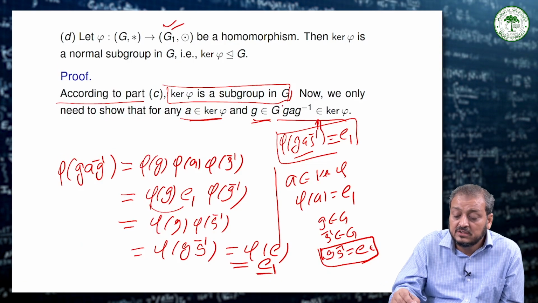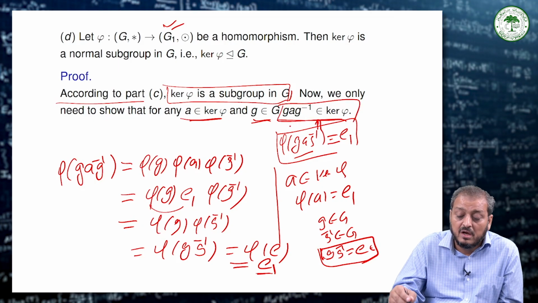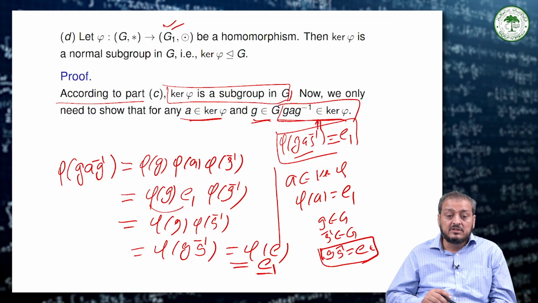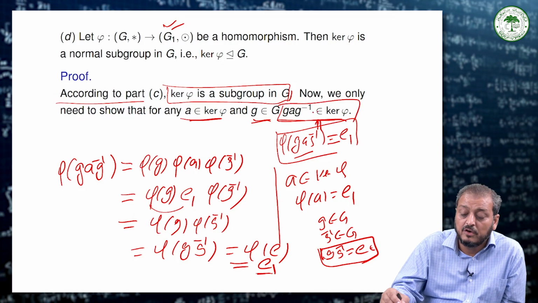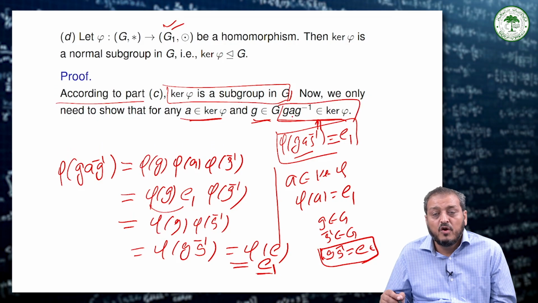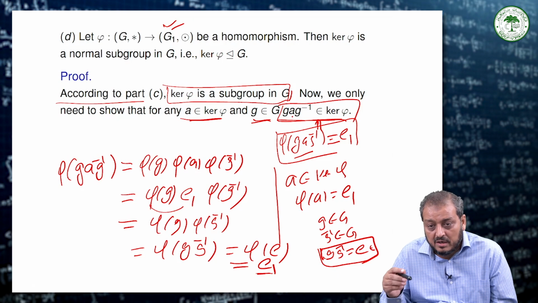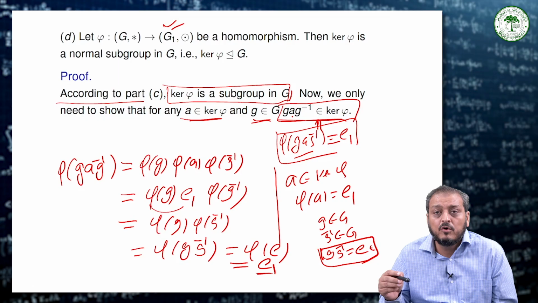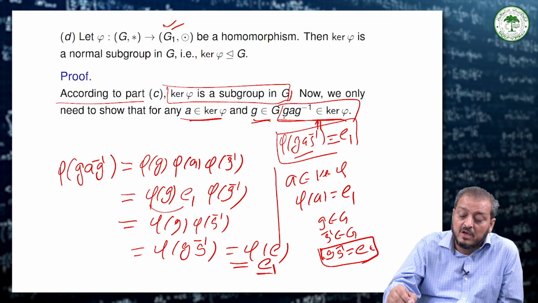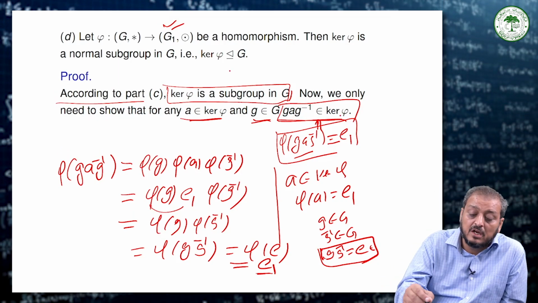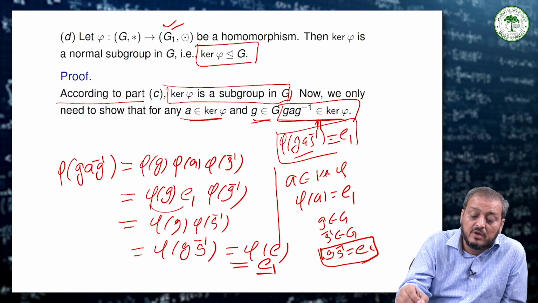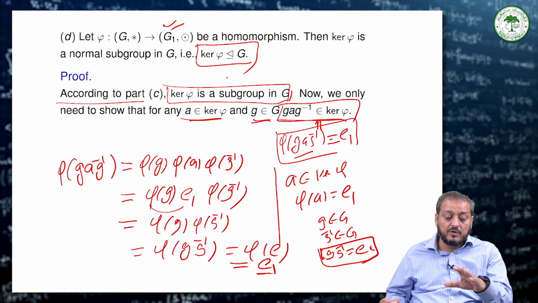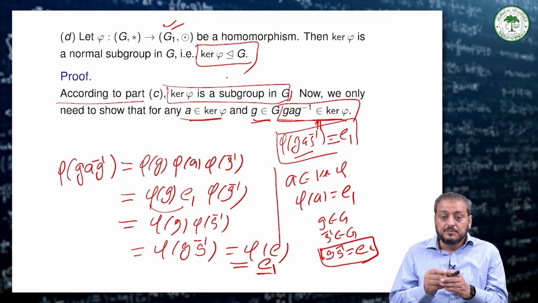This implies that if it is the identity, then clearly g inverse is an element of the kernel of phi. Then by the definition of a normal subgroup, if this is the kernel of phi, then the kernel of phi is a normal subgroup of this group G.